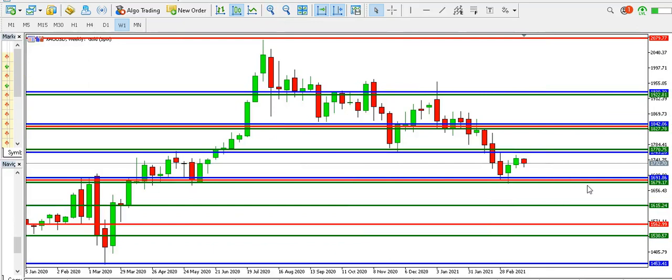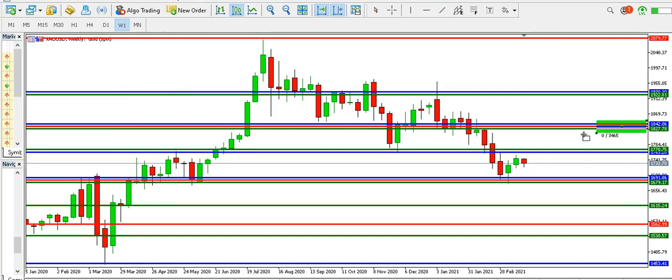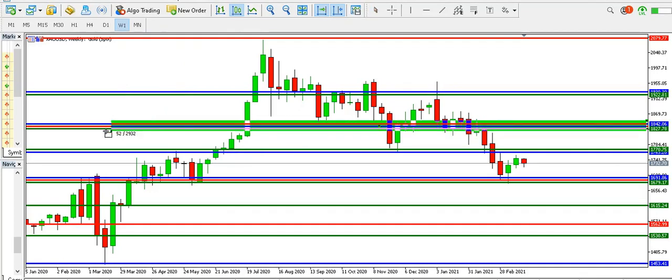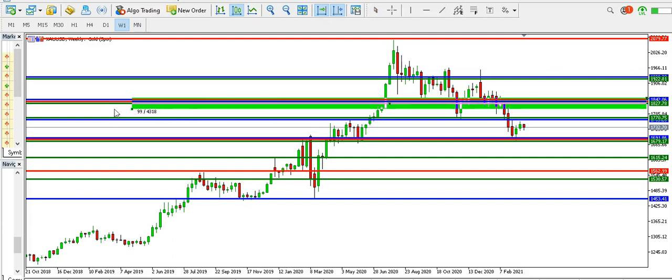Now we have established these two important zones. I'll draw a shape to mark out the zone, where we have multiple Fibonacci levels on the monthly, weekly, and daily time frames.